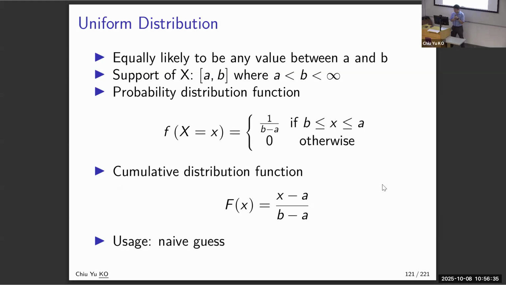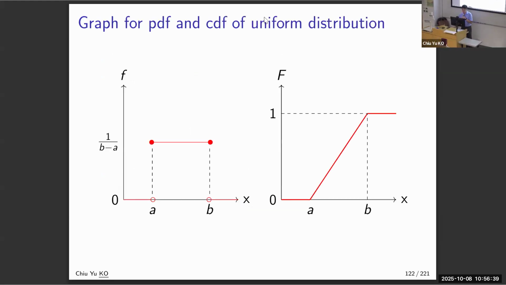That's why the f function is a flat line. If I pick another interval of the same length, the probability that the random variable falls in the first interval should be the same as in the second. That's what I mean by uniform.